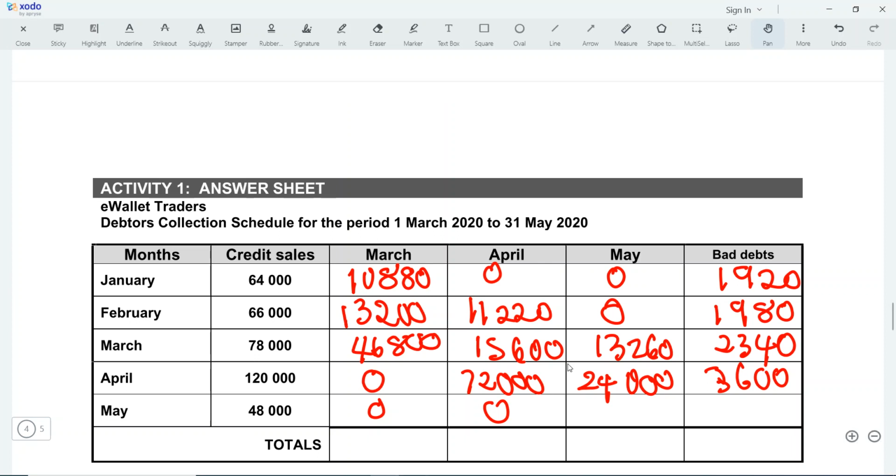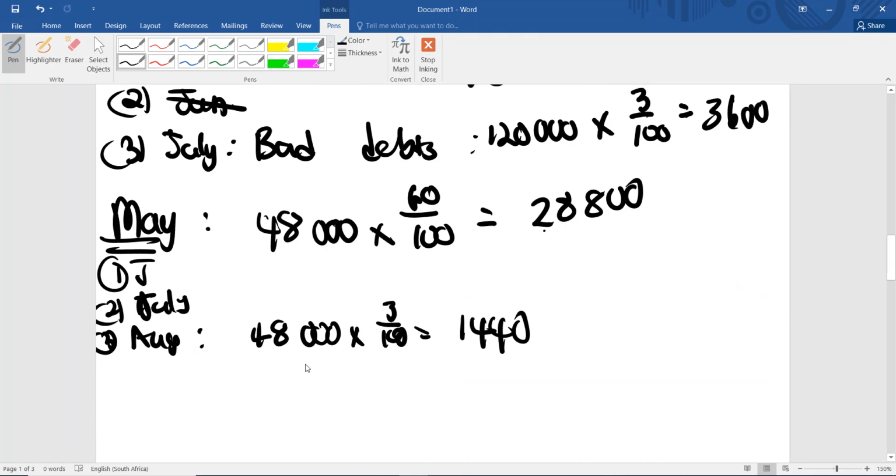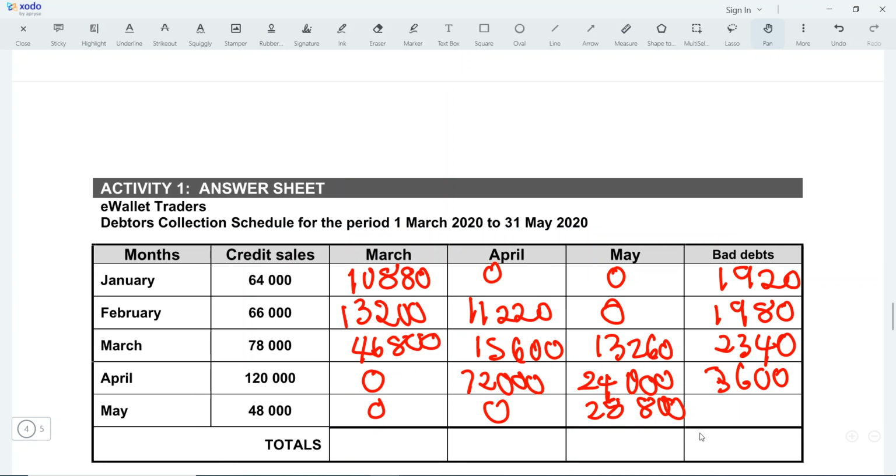So you'll only have here 28,800, and then from there you go and check what is your bad debts, which will be written off in August. According to here, it's 1,440. So you'd have that 1,440 here.